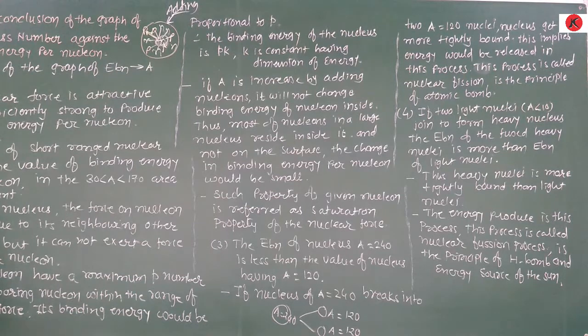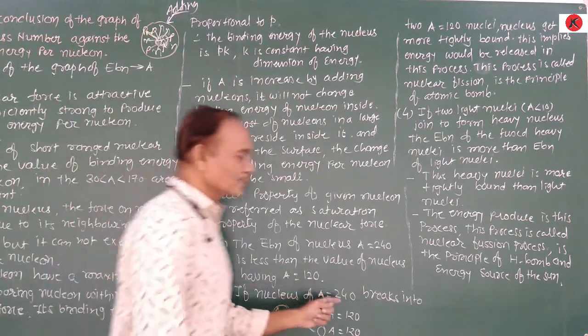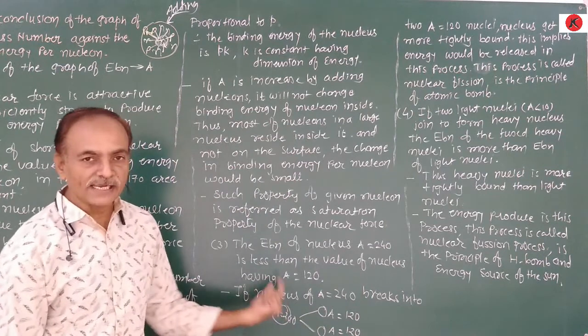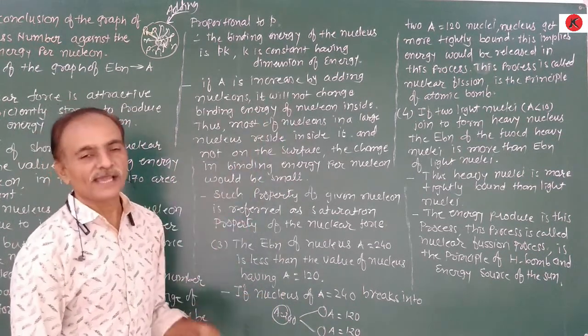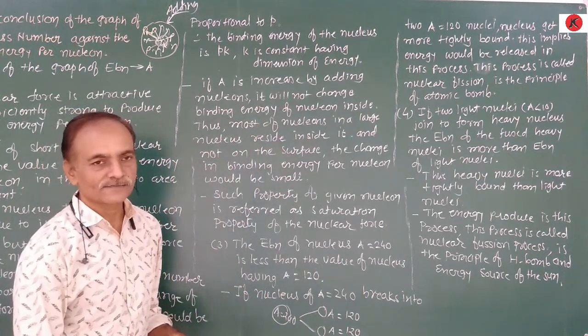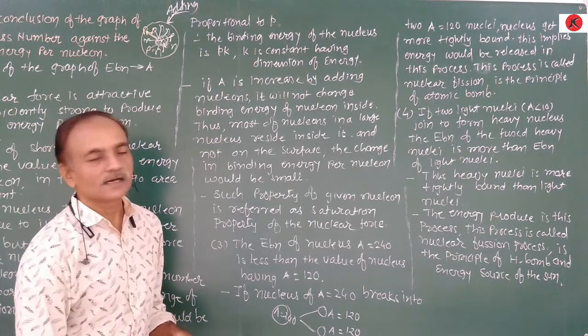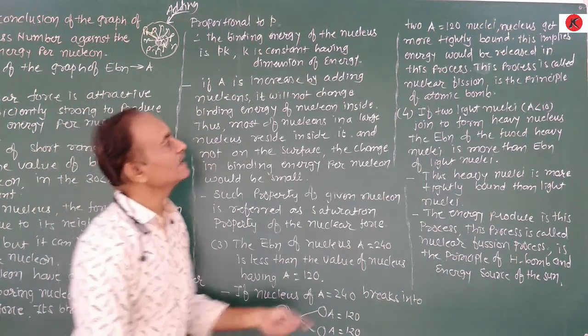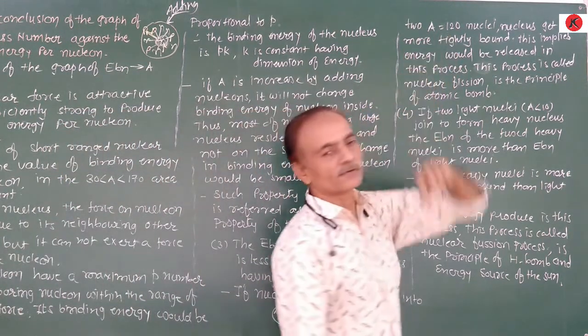Again, if the nucleus of A equal to 240 divides into two A equal to 120 nuclei, the A120 nuclei are more tightly bound.